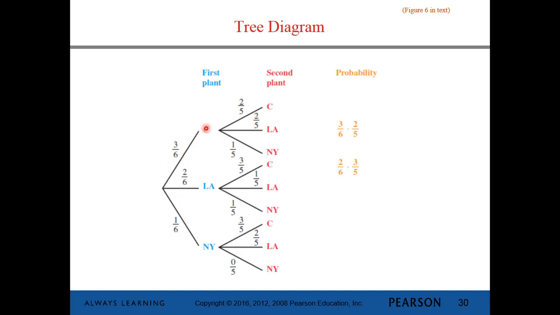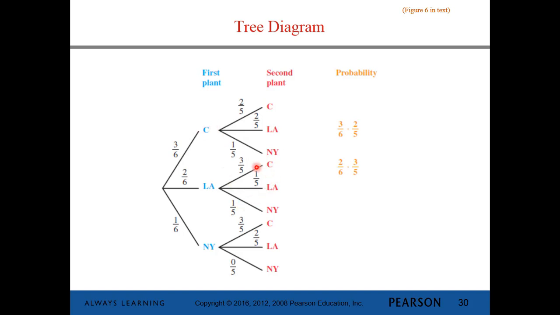If we chose Chicago the first month, then the probability of choosing one of the other 2 plants from Chicago is going to be 2 because we're down by 1, so it'd be 2 out of 5. LA is going to stay the same, 2 out of 5 though instead of 6, and then 1 out of 5. Okay, and so this is conditional probability, right? These are all of the conditional probabilities based on the fact that the first plant came from Chicago.